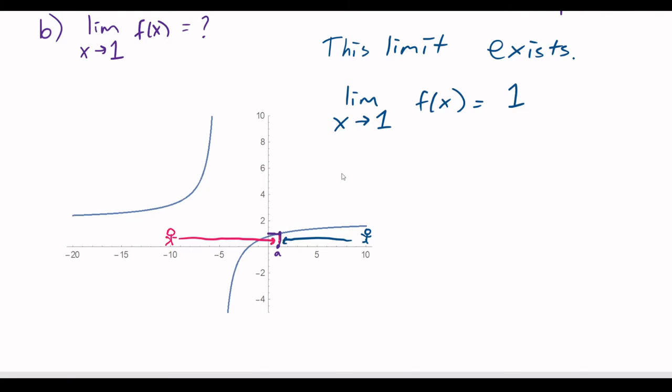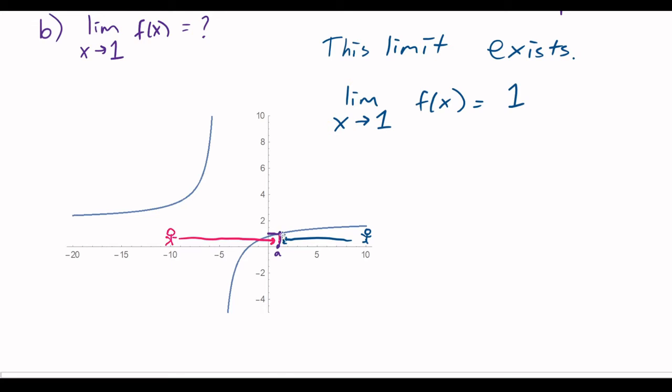Because it looks from the left and the right, as I get closer and closer to x equals 1 on the x, my function is getting closer from both directions to 1. But that's a y value 1 I'm talking about, so be a little careful there. Okay, so that's graphically looking at it.